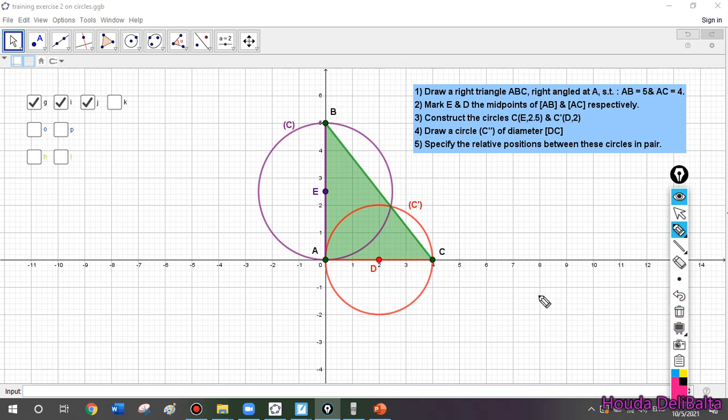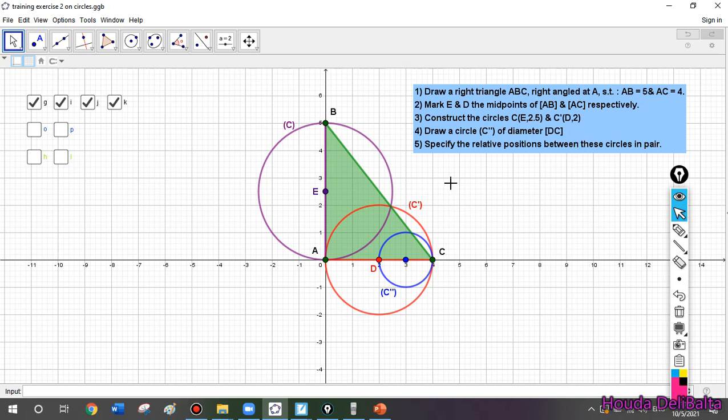So here we go with our tiny circle of center the midpoint of DC and radius just 1, which is half the diameter DC, which measures 2.